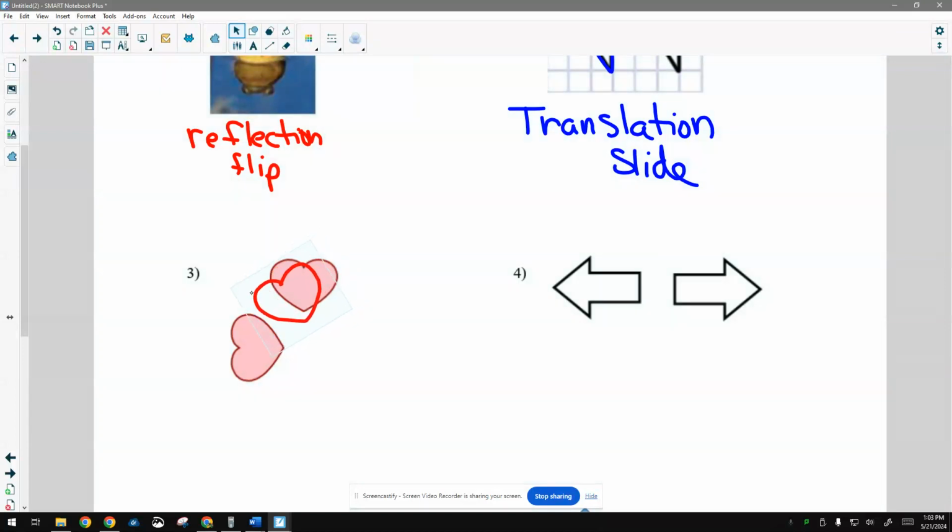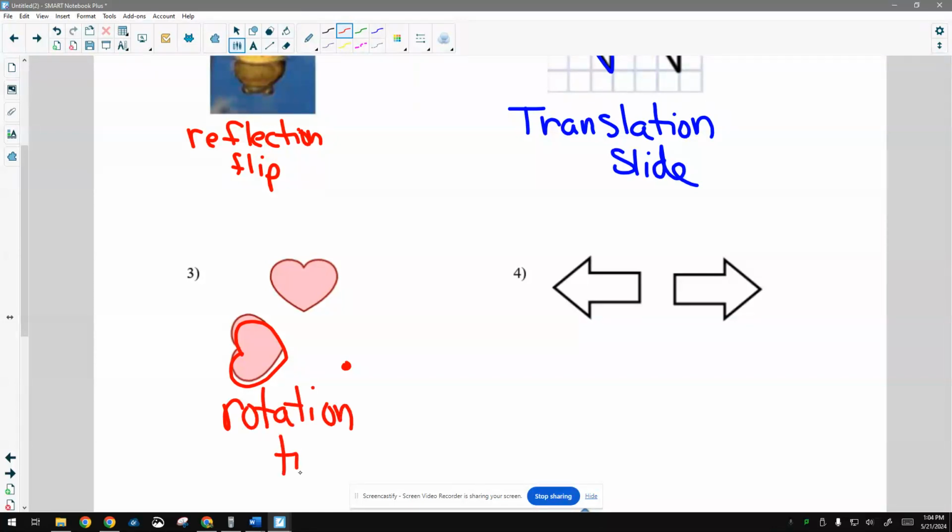So you have to kind of move and turn and move and turn. All right. So you're turning about a point down here. So that is a rotation. Is that what you said? Rotation is a turn.